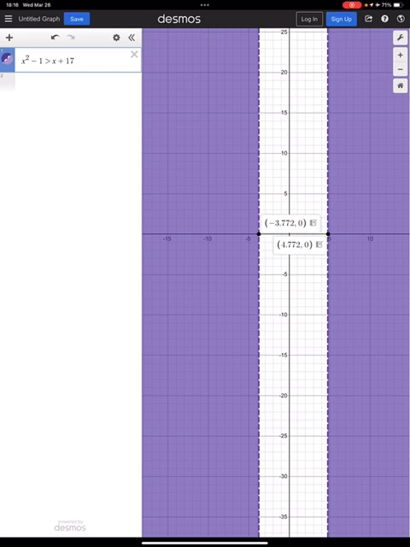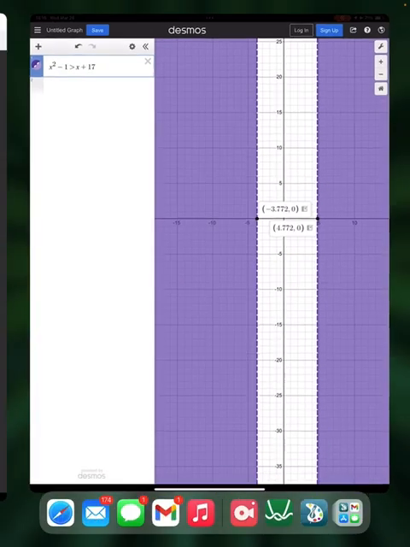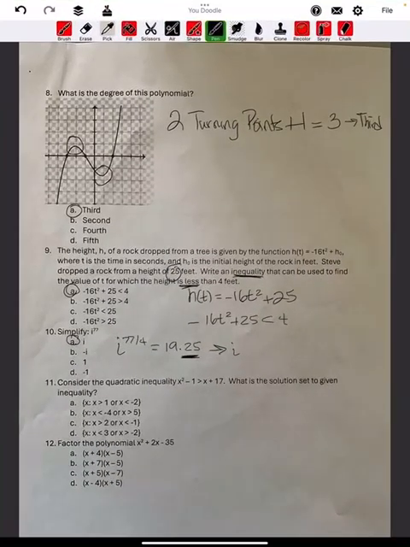The only one that's close is the one where we want all the values less than negative 3.77 or negative 4, and all the values greater than 4.77 or greater than 5. The only one that does that is option B, or answer B. Again, if the outside areas are shaded, you're going to have 2 statements. If the inside area is shaded, you're going to have 1 statement.